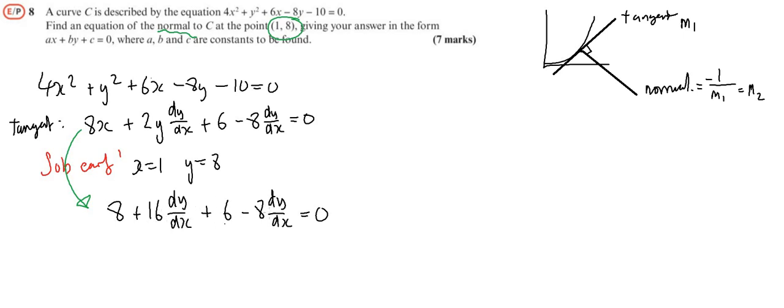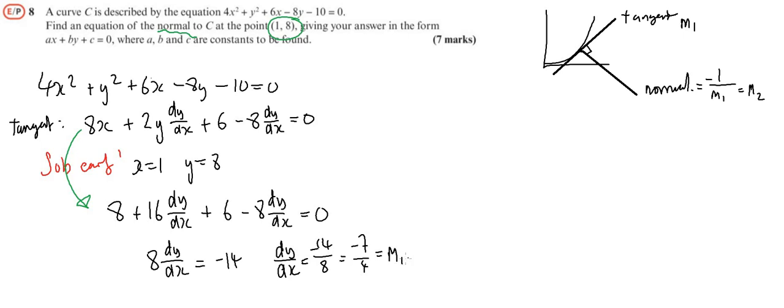I've got 16 lots of dy by dx, I'm taking away 8, so I've got 8 lots of dy by dx. That is equal to, I'm going to take away 6 and take away 8 from the other side, so I'm taking away 14. So 8 dy by dx is minus 14, therefore dy by dx equals minus 14 over 8, which is minus 7 over 4.